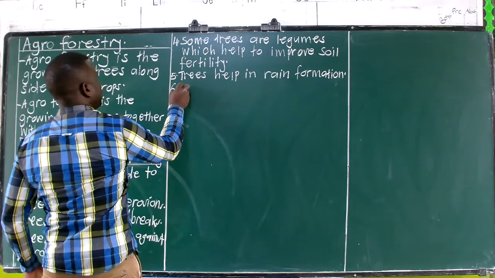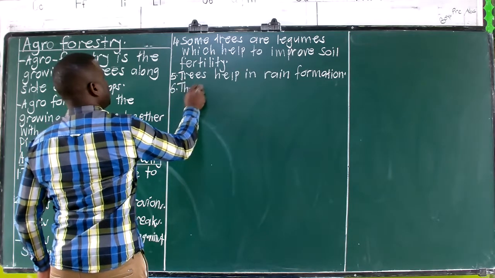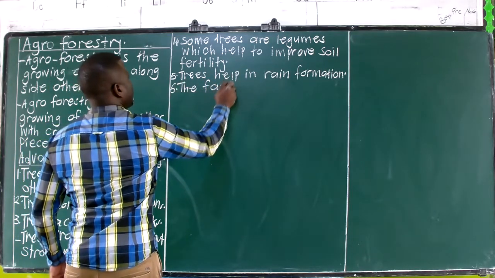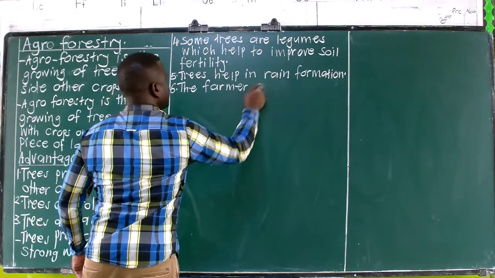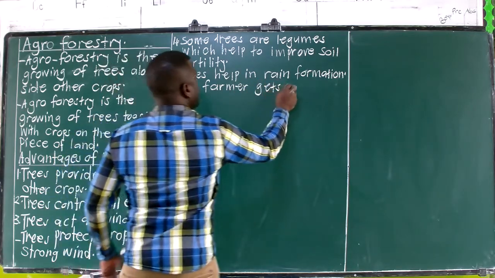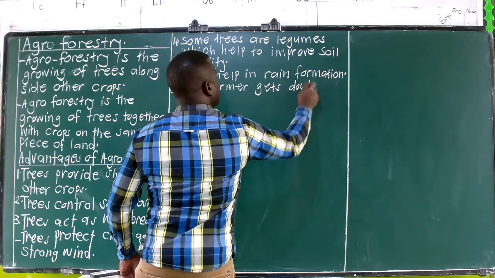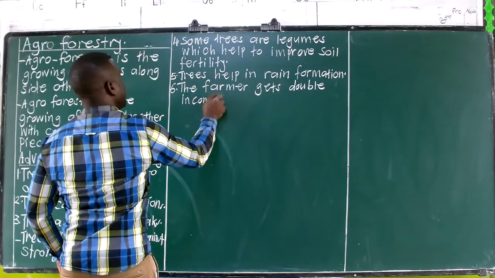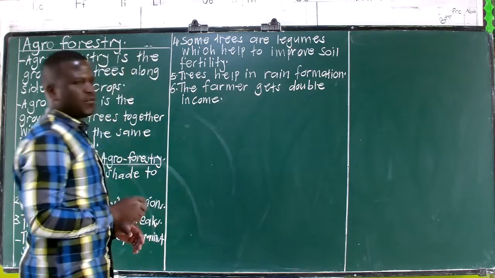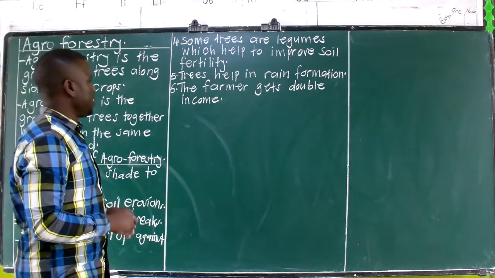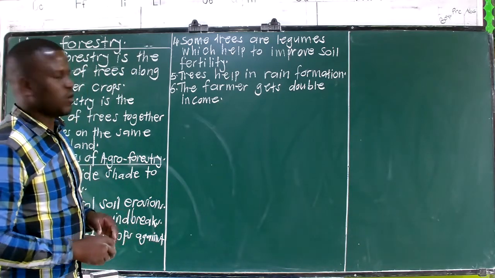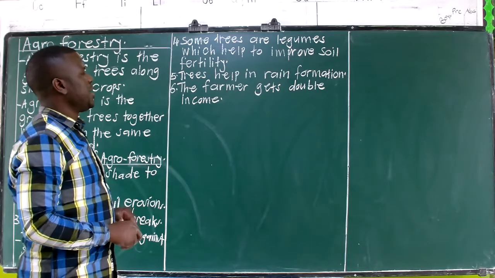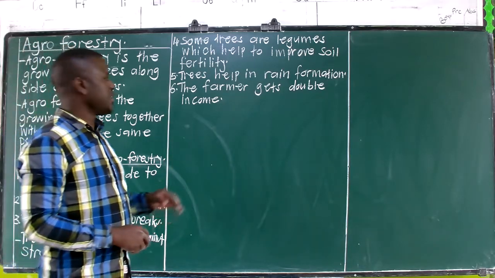The farmer gets double income. He gets income from trees and also gets income from crops. That's what we mean by a farmer getting double income.